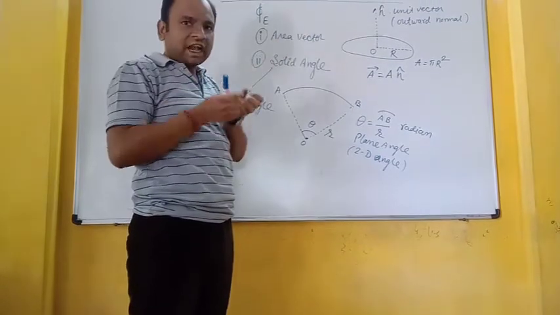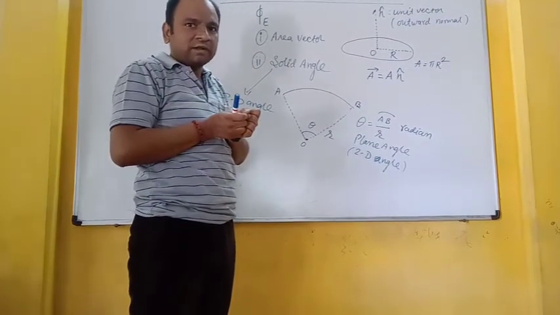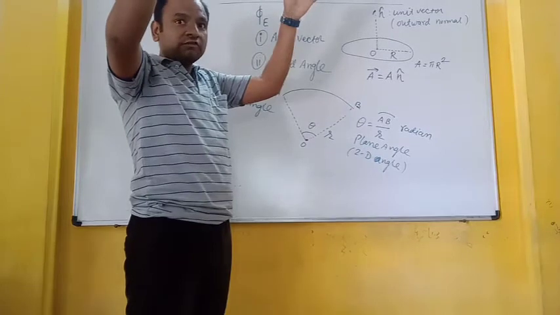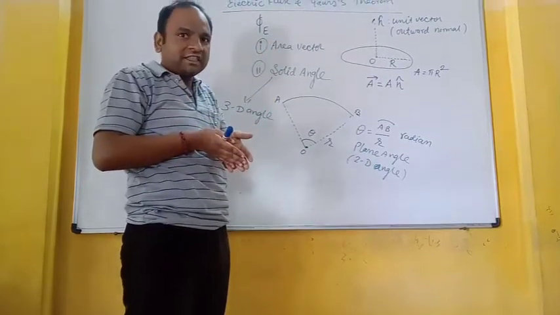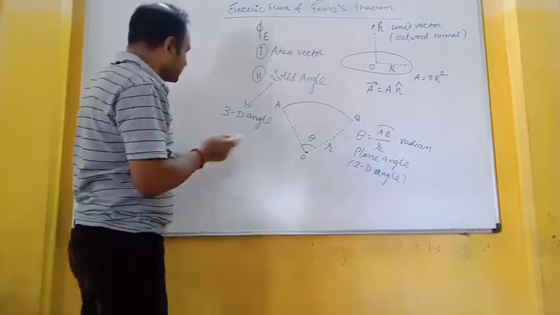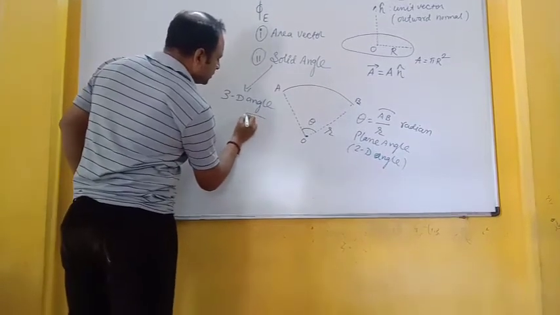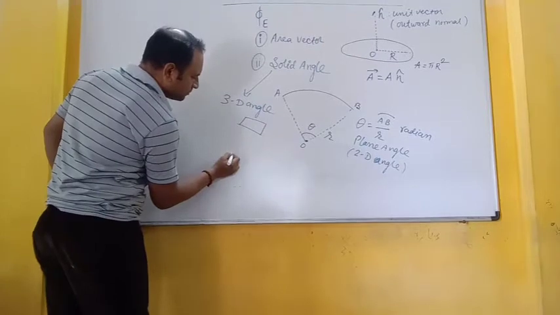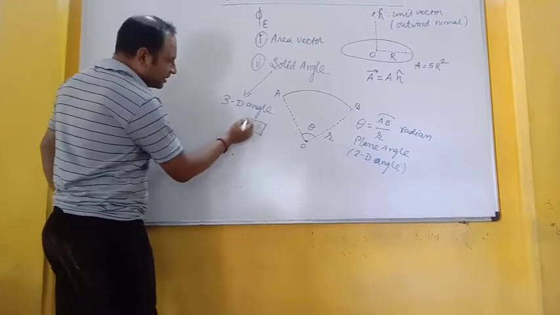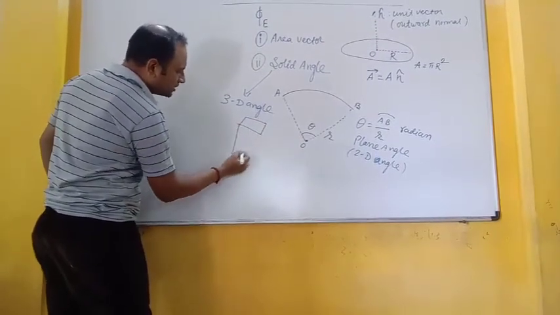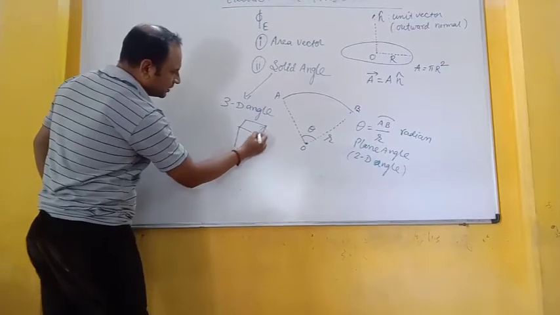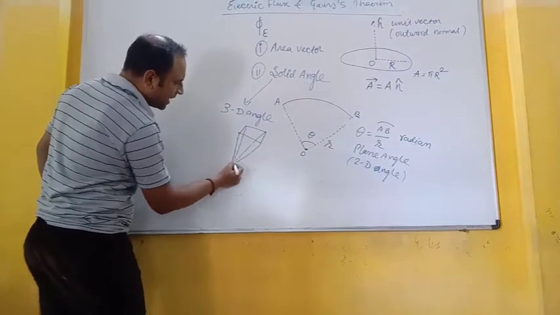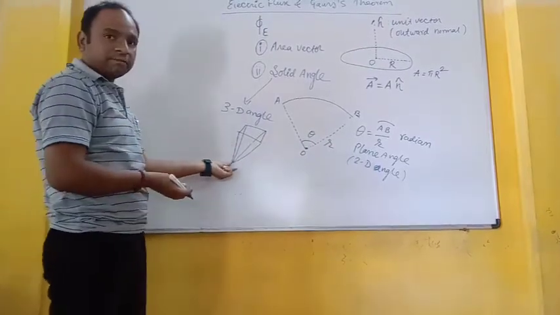If I am sitting at the center of the sphere, then that part of the surface will be subtending an angle at the center. So suppose I consider this as that surface, and I am sitting over here, then all these points of the surface will be subtending a certain amount of angle at this very point.